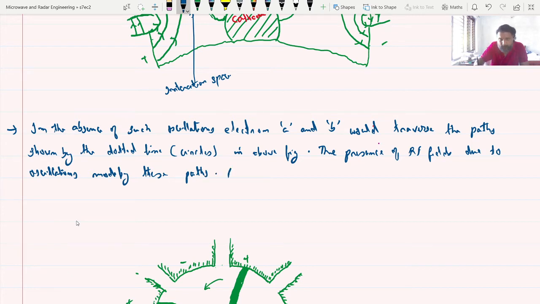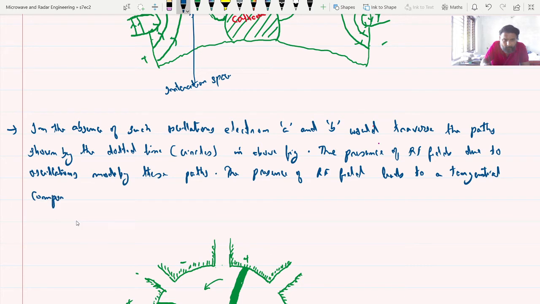So the presence of the RF field leads to a tangential component of the electric field.